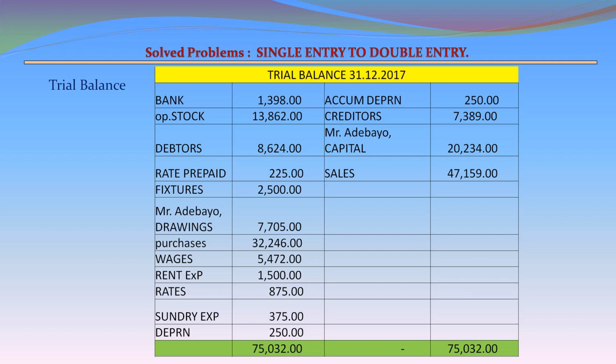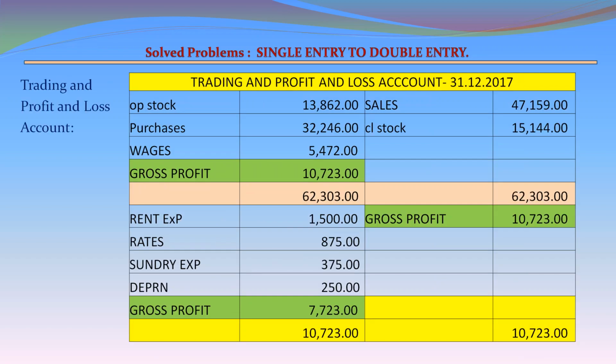On the credit side, accumulated depreciation 250, creditors 7,389, Mr. Adebayo's capital 20,234, sales 47,159. Total debits 75,032. Total credits 75,032.